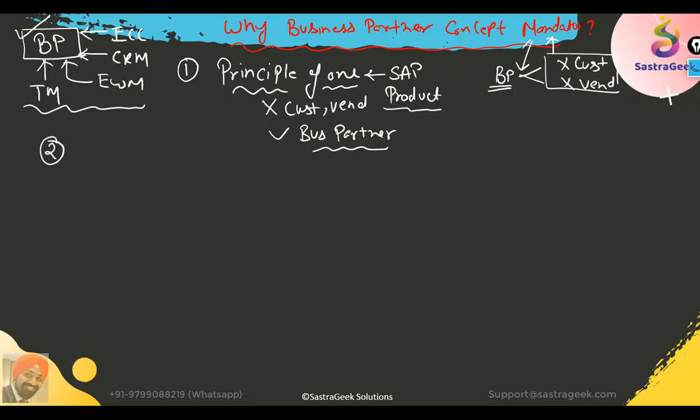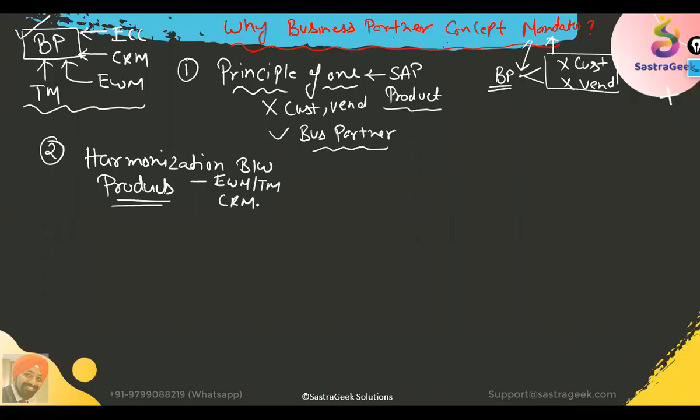The another reason is harmonization between products. So many products are already onboarded to your BP concept, your EWM, TM, CRM. Those completely work on the business partner concept.